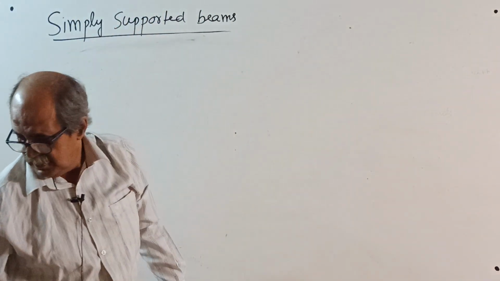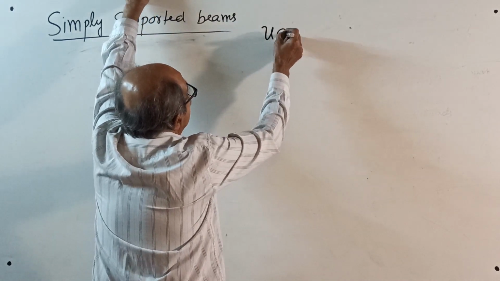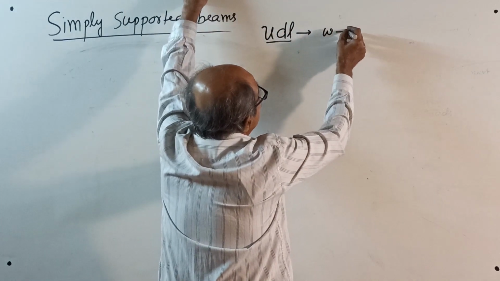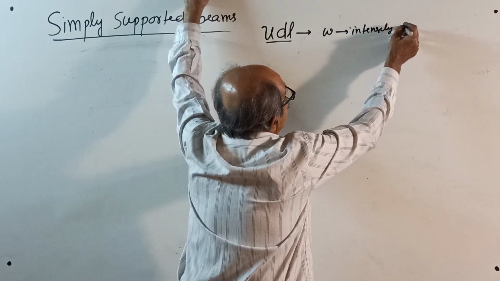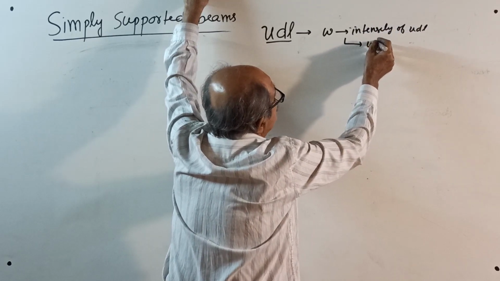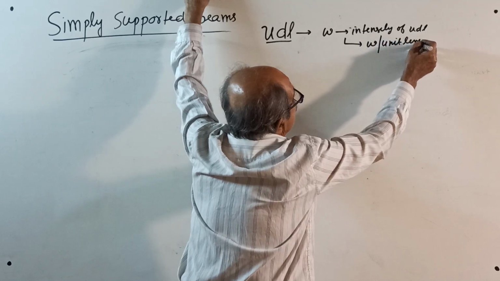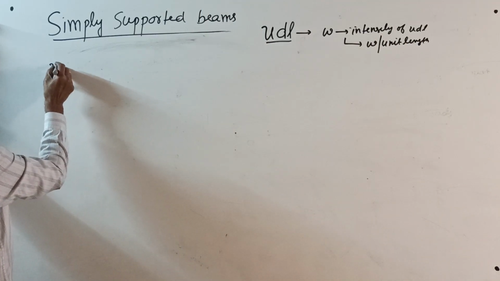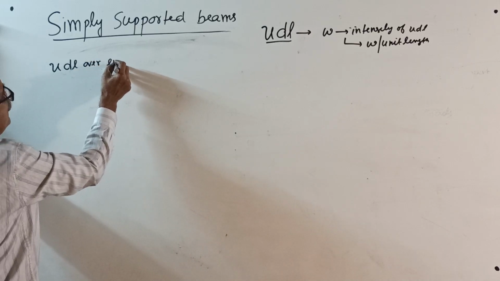Okay, now consider UDL. UDL means small w means intensity, intensity of UDL. Actually, I will write it as W per unit length. Okay, start. First, UDL over entire span.